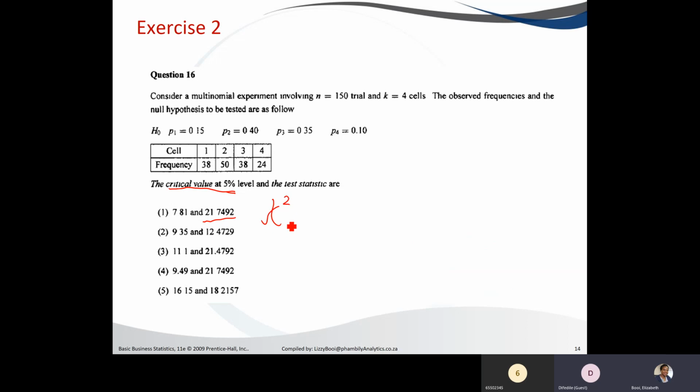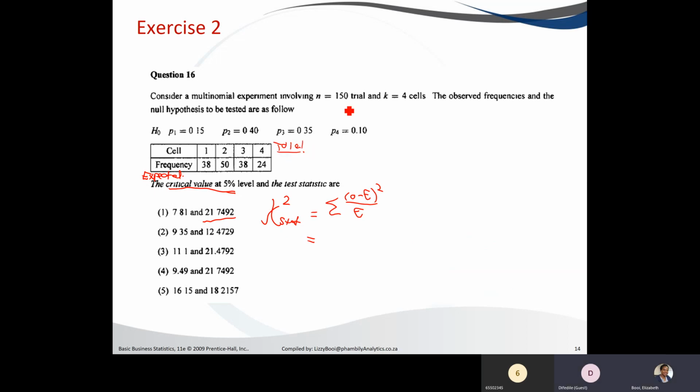So your chi-square, you just need to calculate that: O minus E squared divided by E. That's all you need to be calculating. But before that, you need to calculate the expected values. So maybe here, expected values, and say the total.